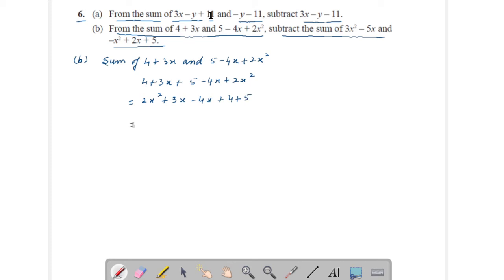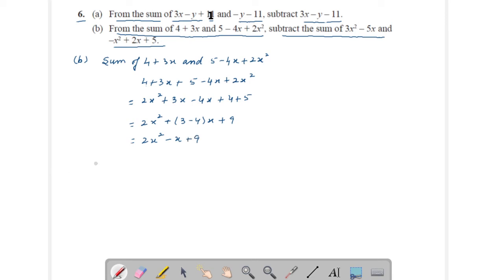Here solve it. You will get 2x square plus take x common. It is 3 minus 4 x plus 4 plus 5. It is 9. Now solve it. 2x square, 3 minus 4, it is minus x plus 9.